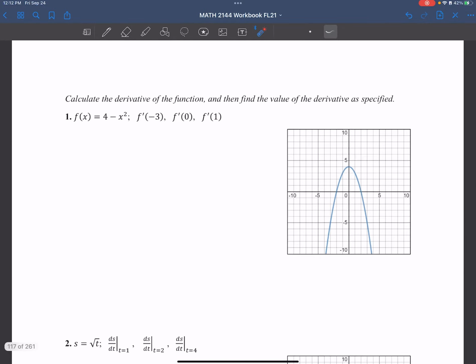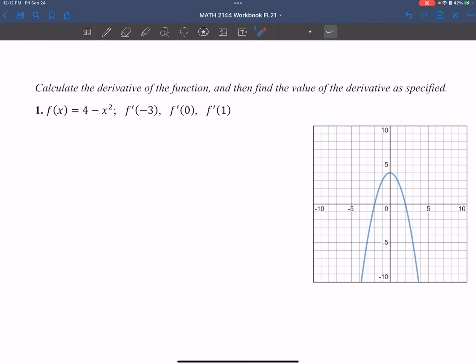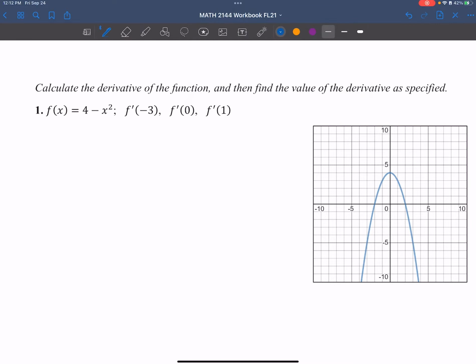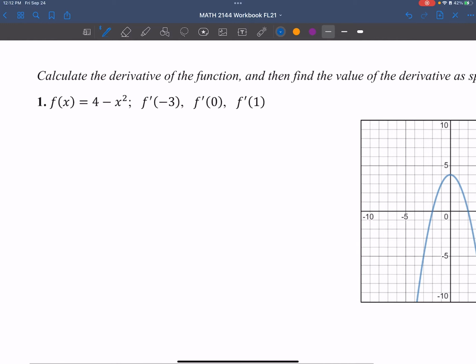Let's make sure we know how to use it. In this next example, we're asked to calculate the derivative of the function and then find the value at the specified number. So here is our function. I'm going to go ahead and find the derivative. f prime of x is equal to the limit as h approaches 0 of 4 minus (x plus h) squared minus (4 minus x squared), all divided by h.